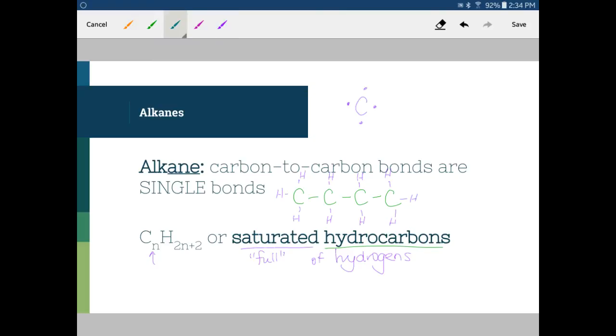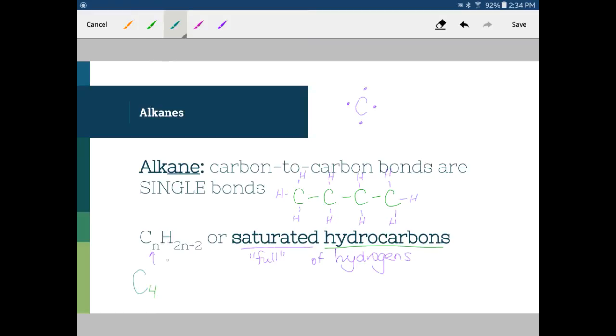Now to get back to our general formula, for the example I just wrote down, it is CnH2n+2, where n is how many C's I have. I have 1, 2, 3, 4 C's, so I would write this as C4.